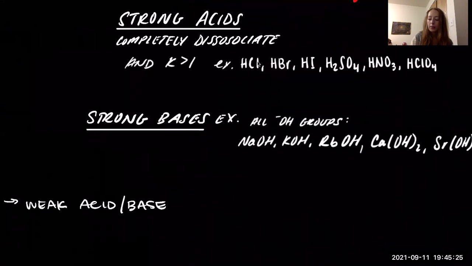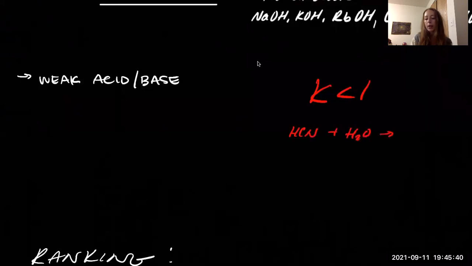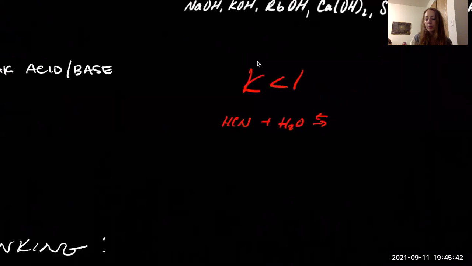Whereas if we had a weak acid base, the Ka or Kb, just the K, the dissociation or equilibrium constant, would be less than 1, which means that if we had something like HCN plus water, and we try to do this reaction, then actually the left side would be favored.